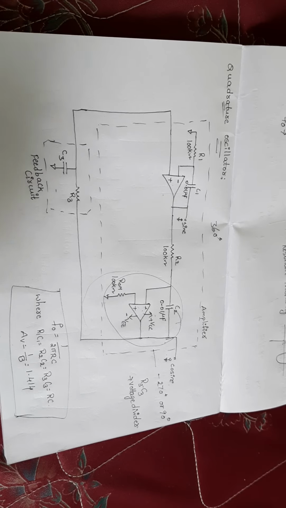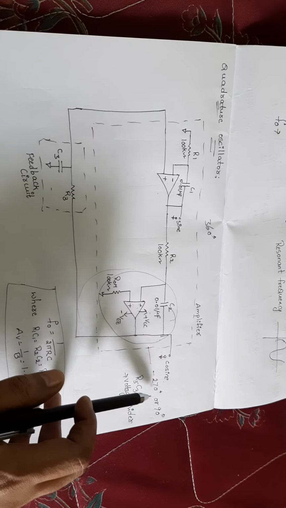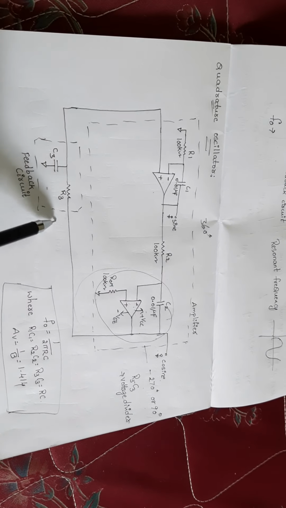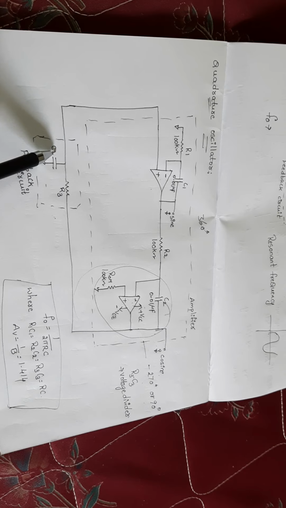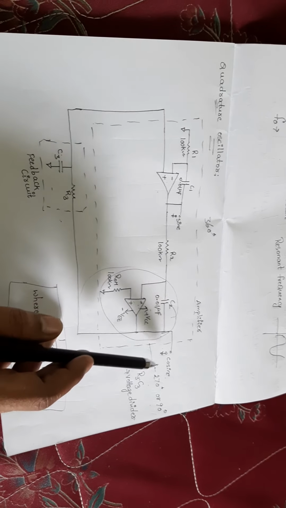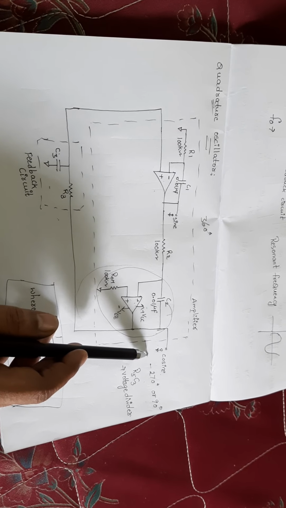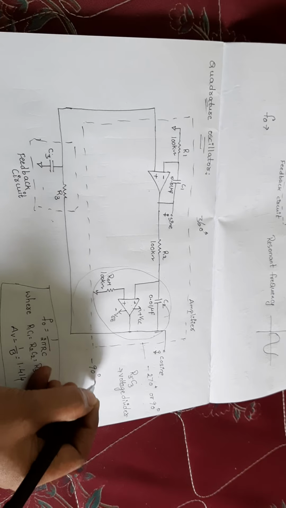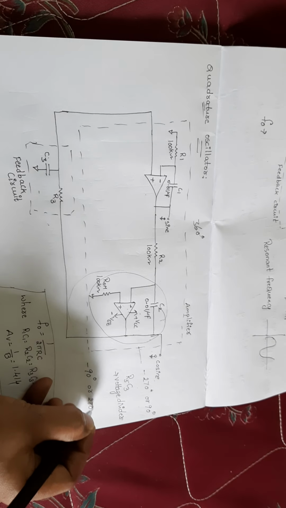The remaining phase shift will be produced by this voltage divider network along with the A1 op amp. So the remaining phase shift we require is either minus 90 degrees or 270 degrees.